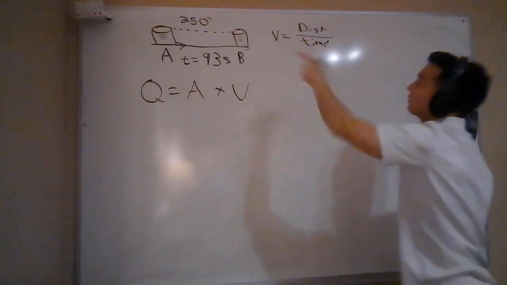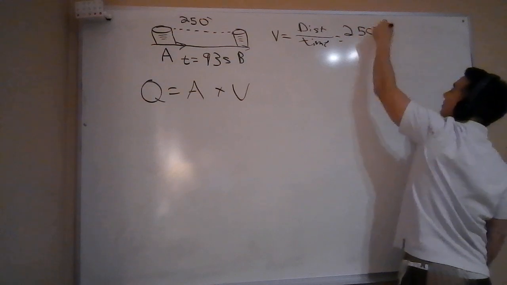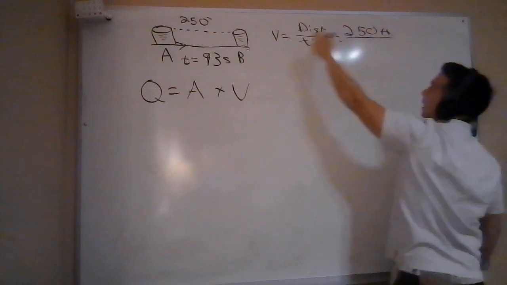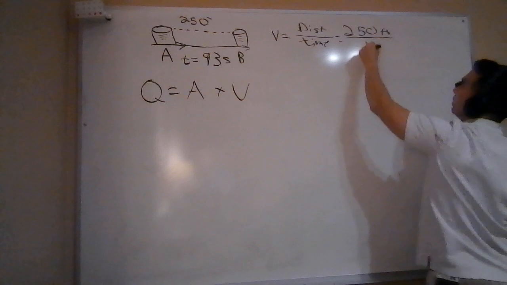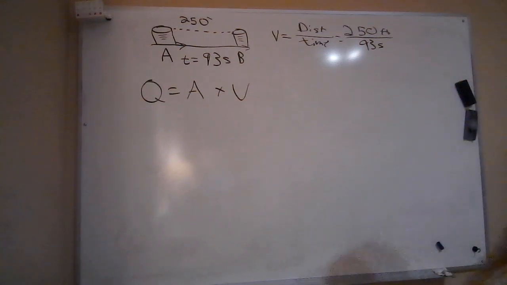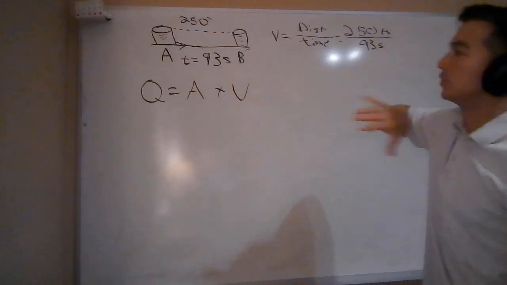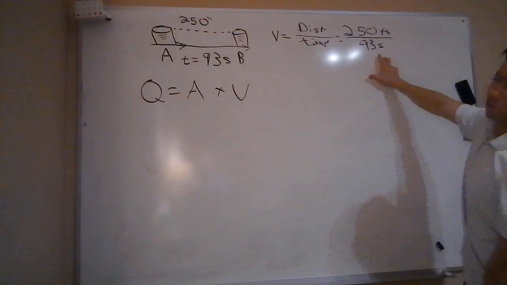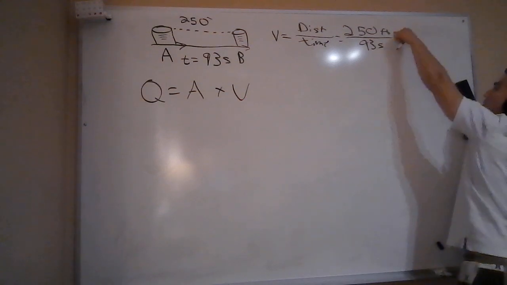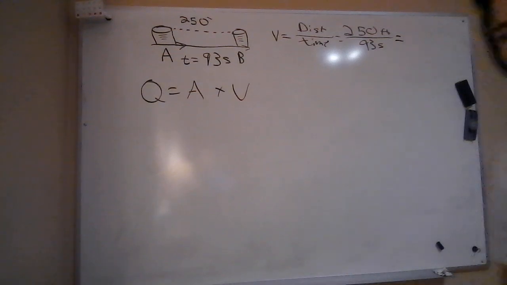So in this case, what do we've got? We've got our distance of 250 feet. We've got our time of 93 seconds. If we had time in 1 minute and 33 seconds, you want to make sure you convert it all over into seconds. Because what do we want to end up ultimately here? We want to end up with feet per second, right? Like we do in all of our velocity or our flow calculations.